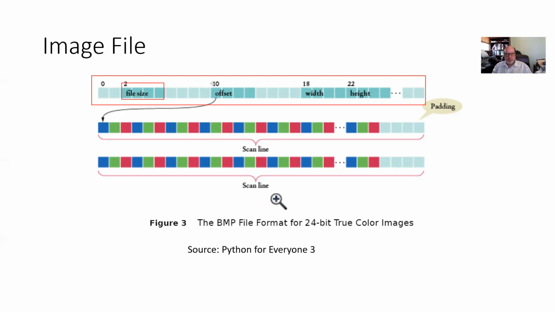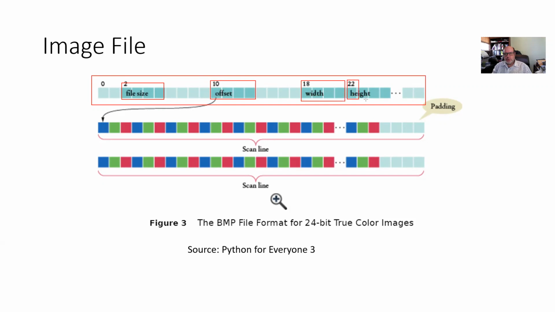If I go to position 10 and pick up 4 bytes, that would be the position of my starting pixels. So this number is going to tell me where to go to pick up my colors, my pixels. And of course, position 18 is going to be the width, again, 4 bytes.